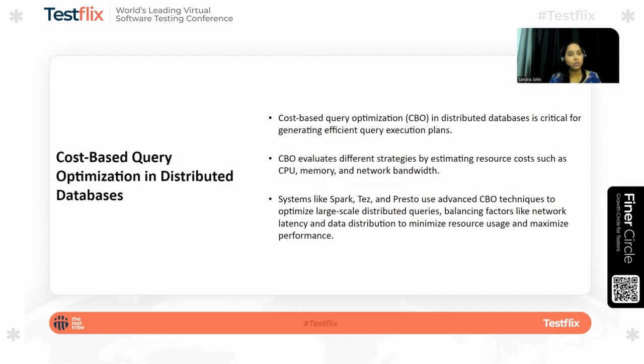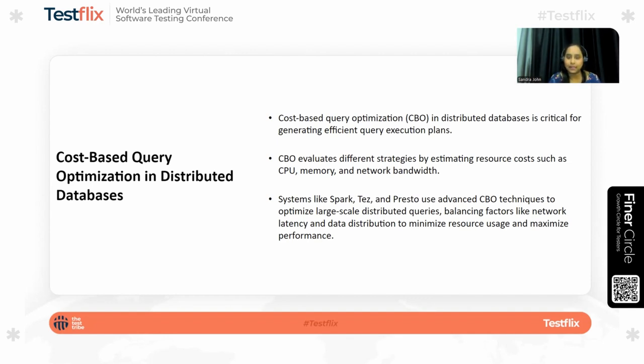Let's talk a bit about cost-based query optimization and distributed databases. It is critical for generating efficient query execution plans so that none of the lines of the query that you have written are performance heavy or spending a lot on processing that might add to your performance bottleneck. It evaluates different strategies by estimating resource costs such as CPU, memory, and network bandwidth that get used.